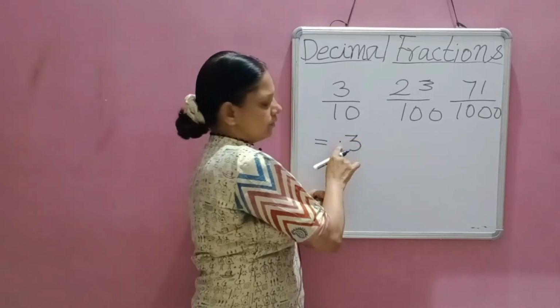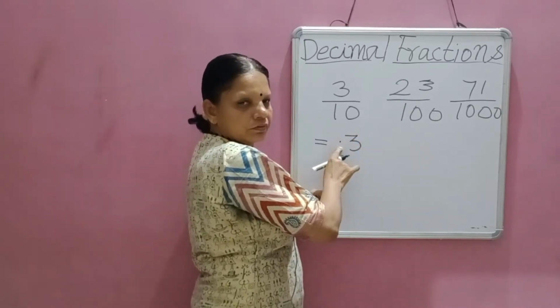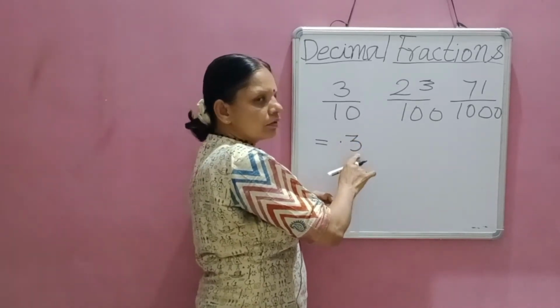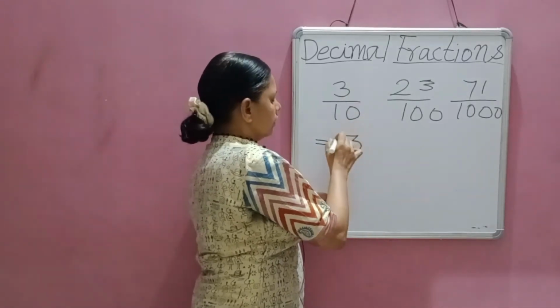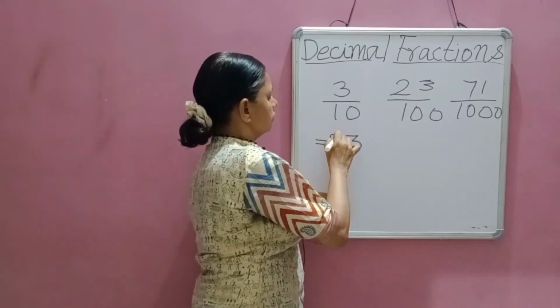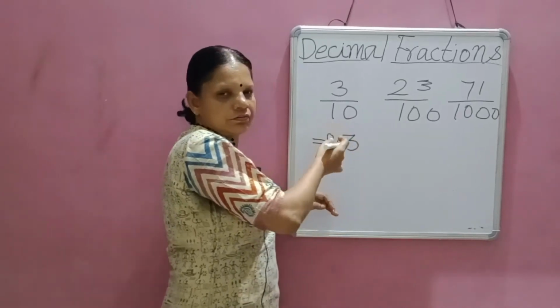What is this called? Decimal point. What is 0.3? It is 3/10. Here you can write 0, and this 0 has no value.